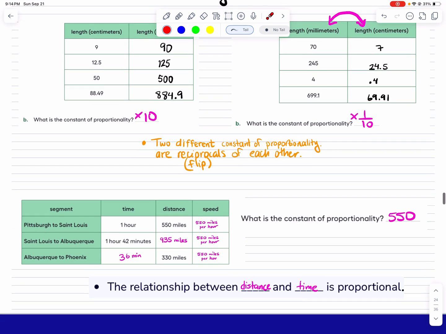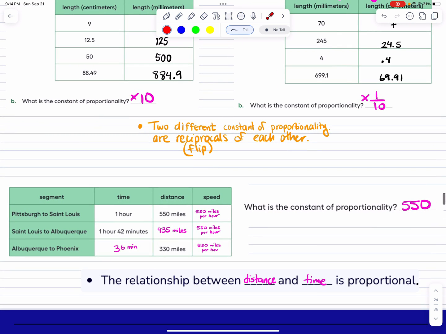And here in this situation, we grabbed our constant of proportionality, 550, and said, we can use this constant of proportionality to figure out other distances and other times on our table. So if we have 550, we can multiply that by 1.7 hours to get our miles, 935 miles.